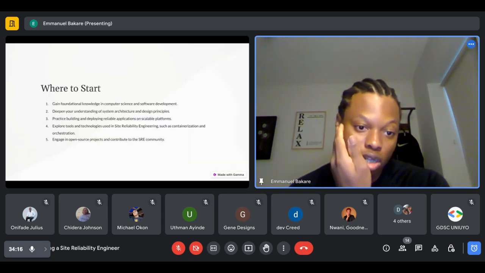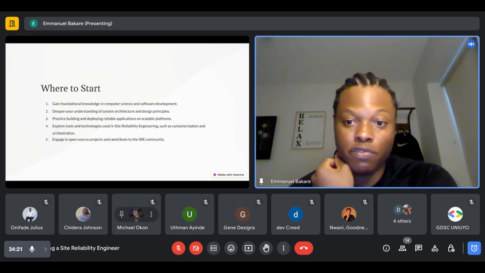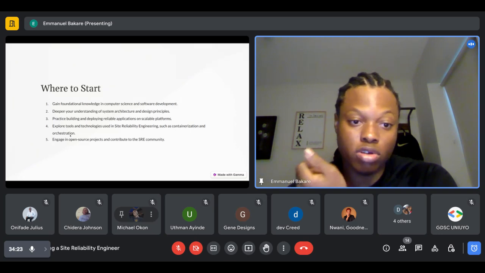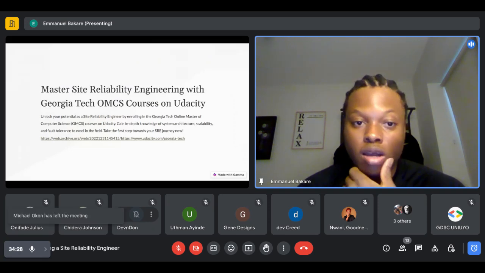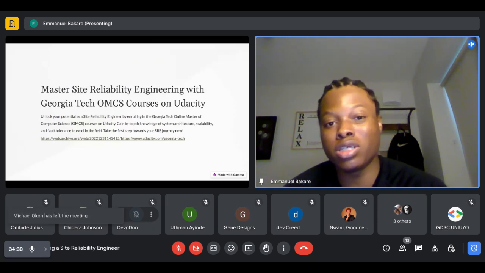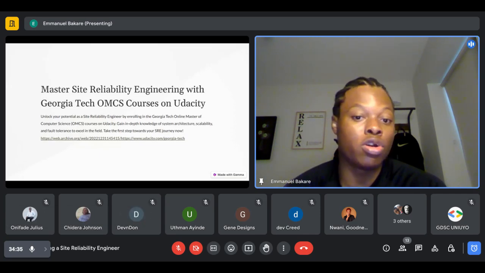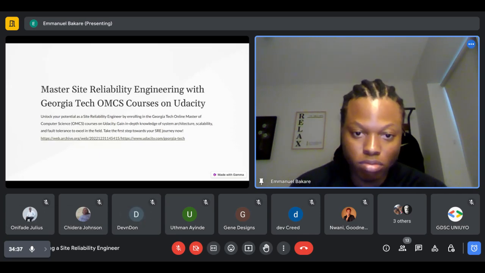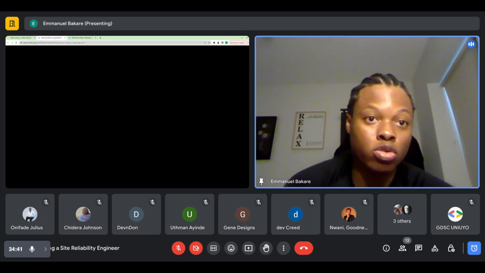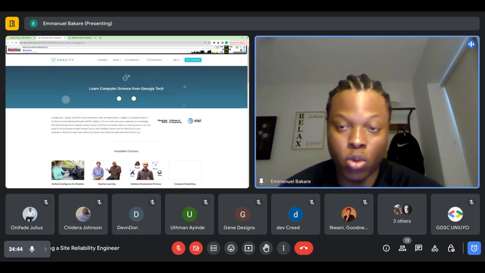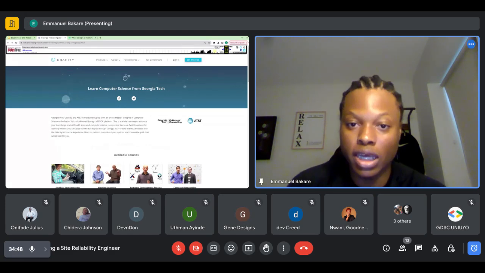Where to start? I'll basically skip this because it's generic, foundational stuff: containers, orchestration, open source. But where it matters is this. Usually, to do site reliability engineering, you need systems architecture knowledge. One of the few places I've found this to be useful is Georgia Tech. I did this early on back in 2020, before getting to AWS, and it was very pivotal in getting in there.